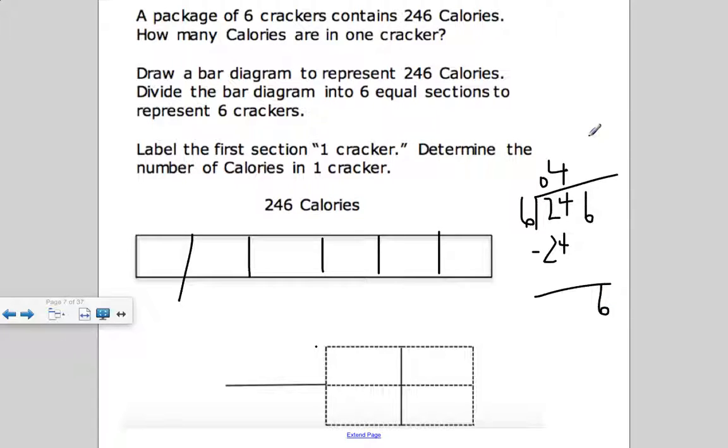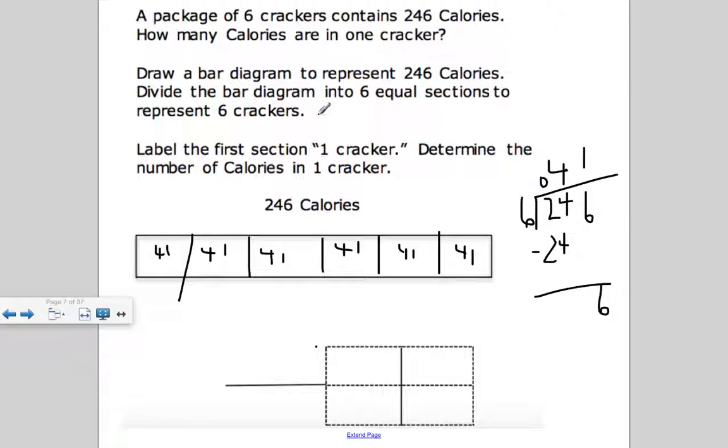Can 6 go into 6? 1 time. So there are 41 calories for each cracker. 41 calories per cracker. 41 calories for one cracker.